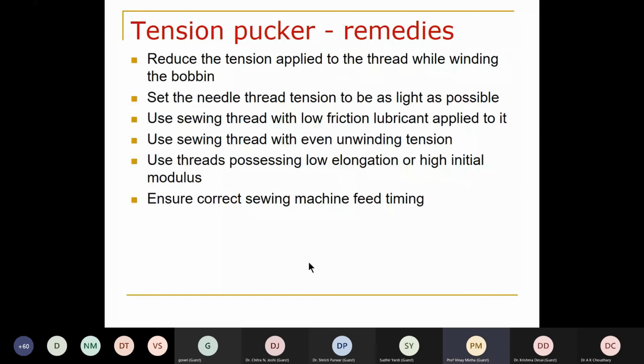Then the sewing thread should have a low friction coefficient. Then use sewing thread with even unwinding tensions, use sewing threads which possess low elongation or high initial modulus as in the case of cotton threads, and ensure correct sewing machine feed timing.